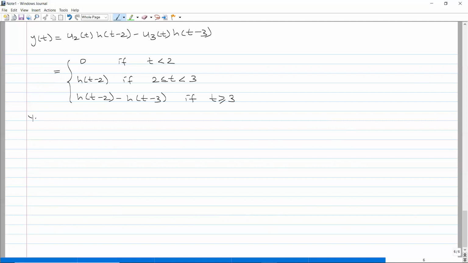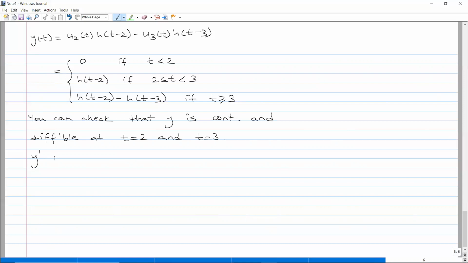So you can check that y is continuous and differentiable at the points t equals 2 and t equals 3.